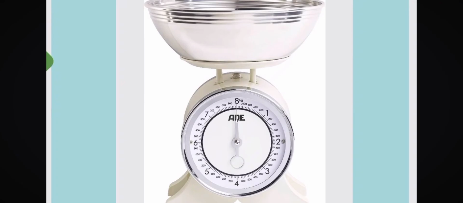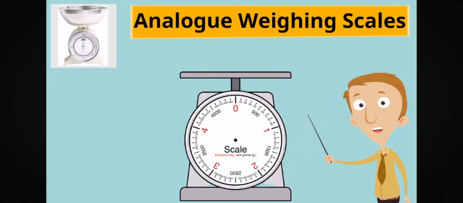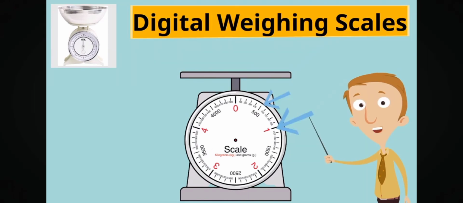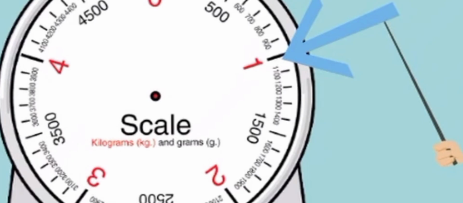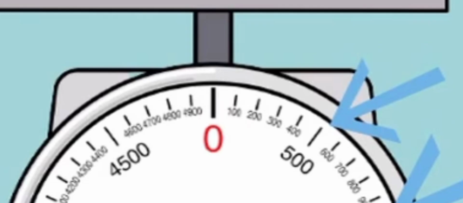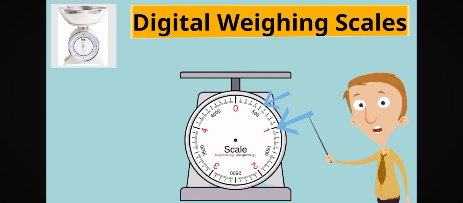analog scales. The face of an analog scale is a bit similar to the face of a clock. There are small lines and large lines. The small lines are the grams and the large lines are the kilograms. So we are saying that this big one here is 1 kilogram while the 500 is 500 grams. We use the scale by placing an item on top to find out the weight.